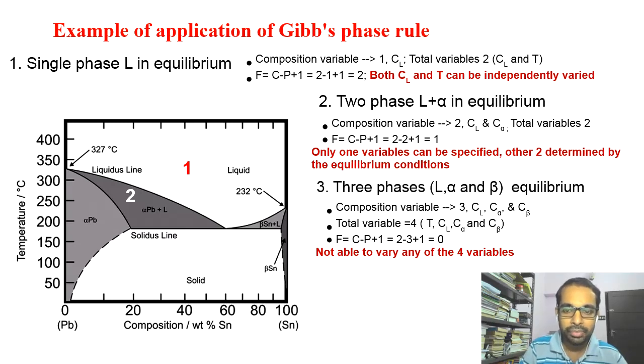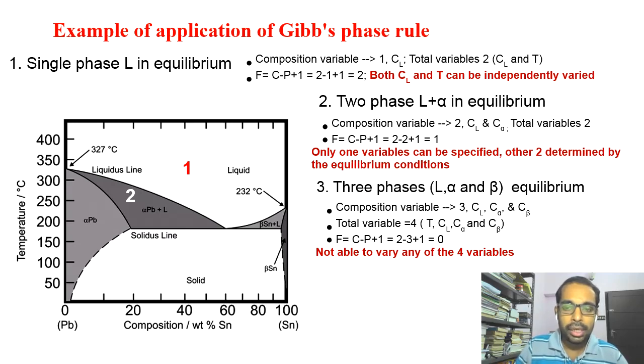According to the phase rule, the degree of freedom is F equal to C minus P plus 1, because here we keep the pressure constant, so that is why there is plus 1.